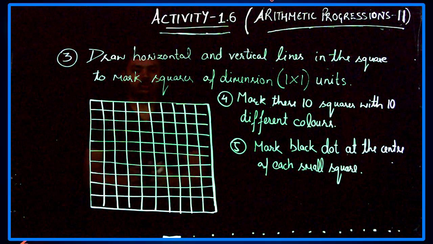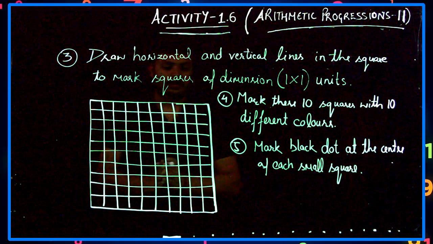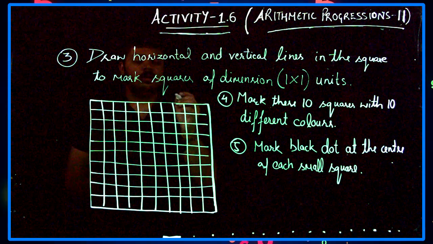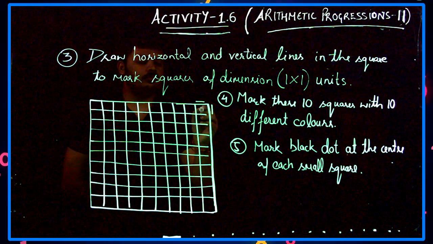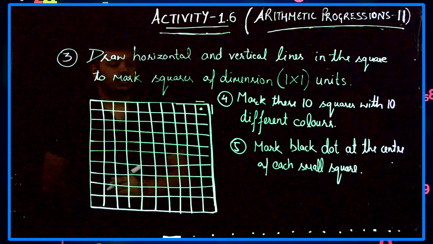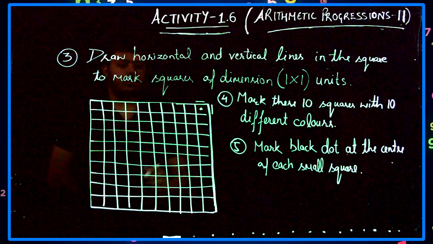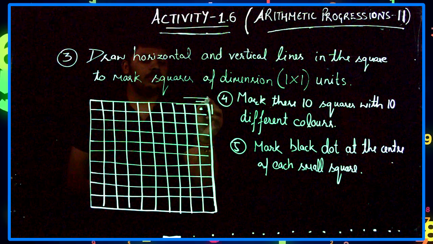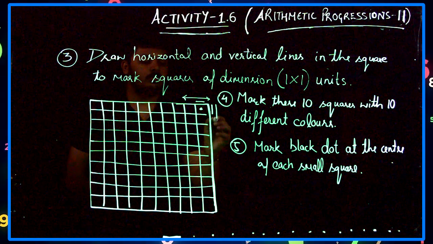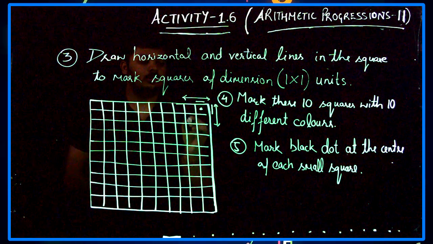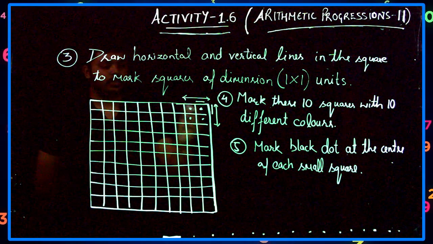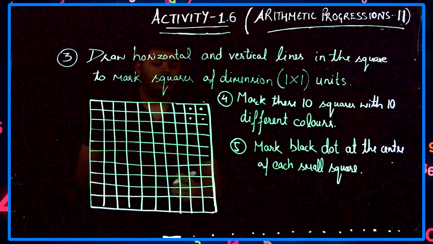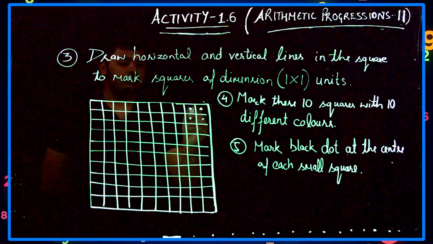So now I will show you how the squares have been marked. Our first square is of dimension 1 by 1. This is our first square. Now our second square will be of dimension 2 by 2. This is the second square. Now the third square will be of dimension 3 by 3.